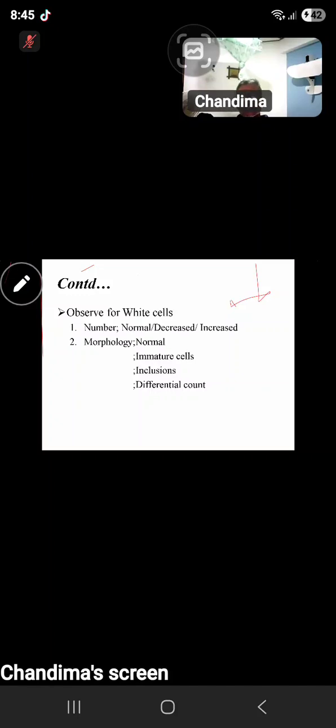Check whether it tallies with your automated analyzer result, right? See the total number and the cell morphology, the presence of immature cells and inclusions, as well as the differential count. Inclusions such as toxic granules and vacuoles, and hypersegmentation.